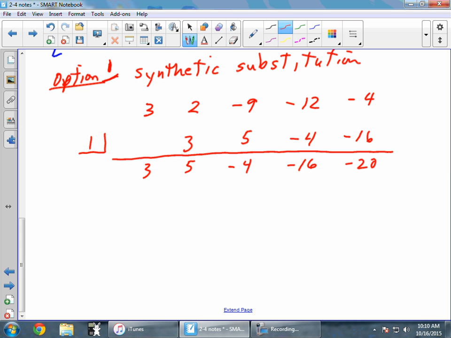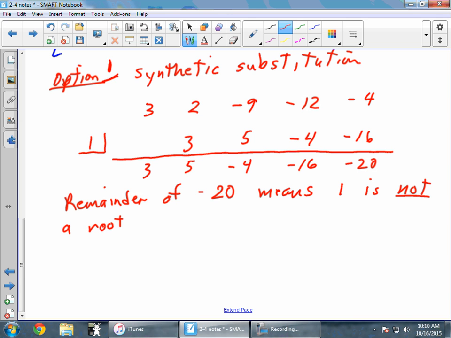A remainder of negative 20 means what? 1 is not a root, and x minus 1 is not a factor. And that's okay.